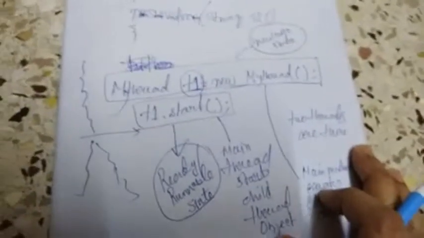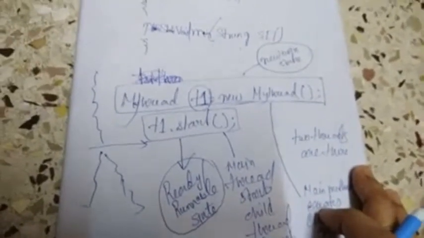In this example, you also consider the flow of execution. Whenever you start with the main method, there is a single flow of execution, but you have to create a new thread.